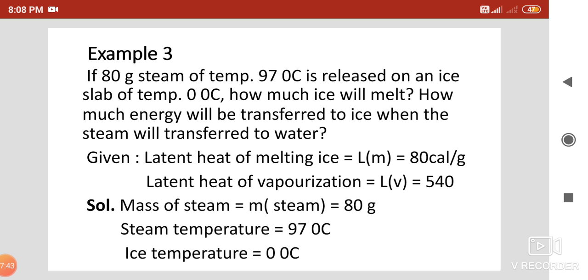Here it is given that the latent heat of melting of ice, L melt, equals 80 calorie per gram. It will be given to you in the exam. Then the latent heat of vaporization of water, L vapor, equals 540 calorie per gram. Let us see the solution.